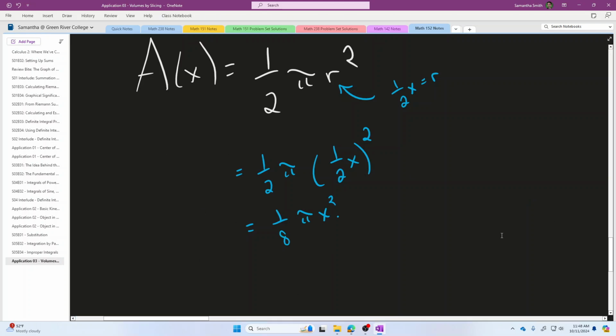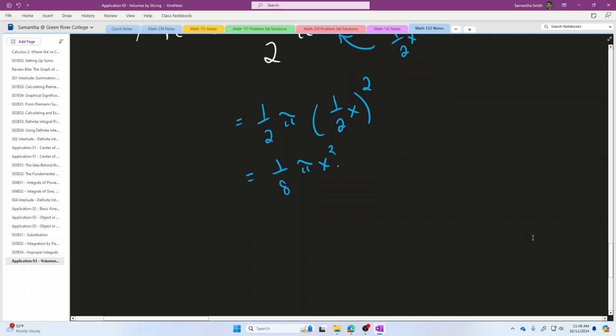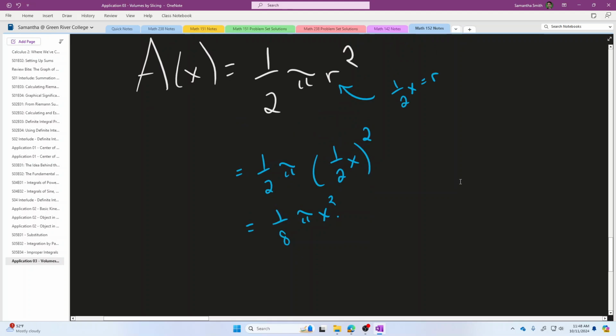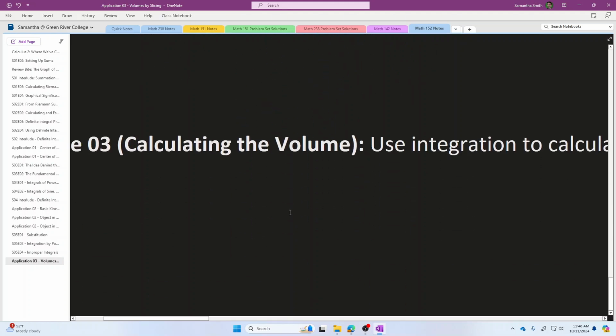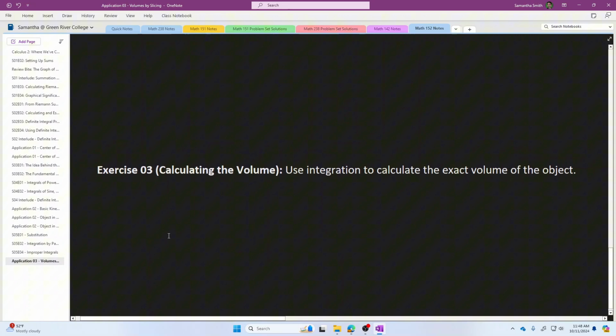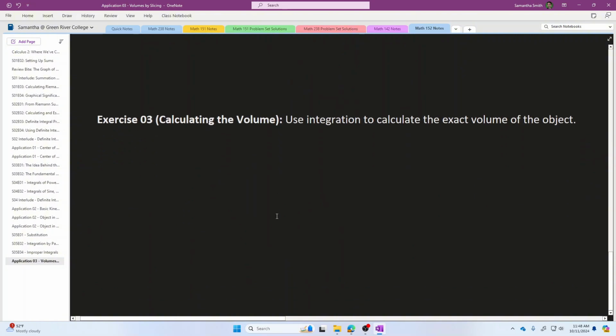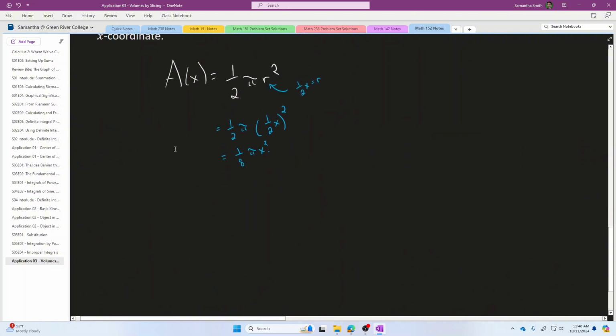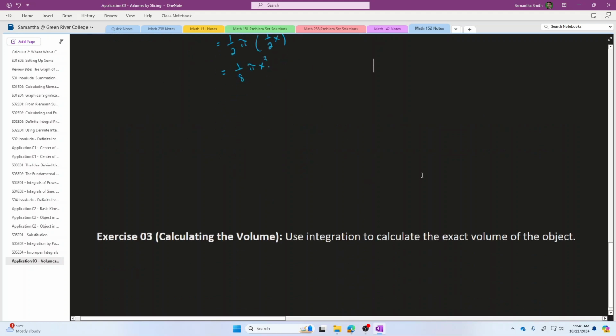If I give you any random x value, then you can plug it into here and you will know exactly what is the area of the corresponding slice taken at that x value. Okay, so now that I have established the area formula, if I want to calculate the volume of the object, then all I have to do is integrate this area formula with respect to x.